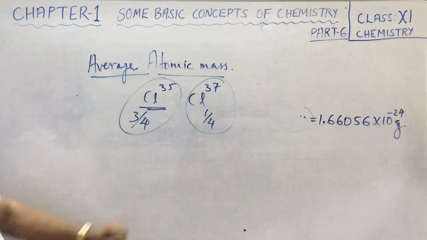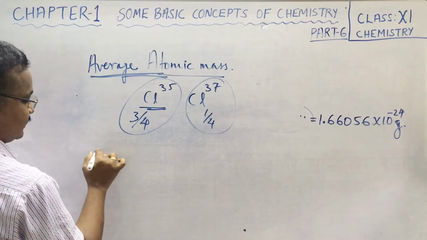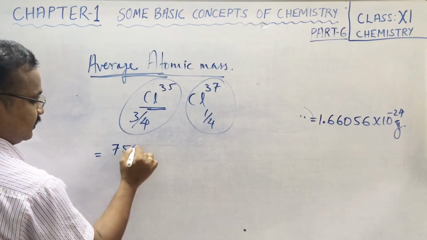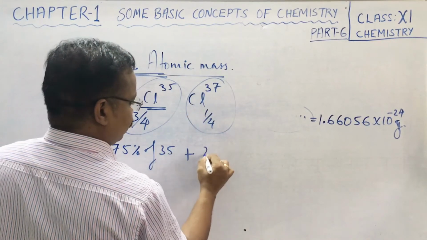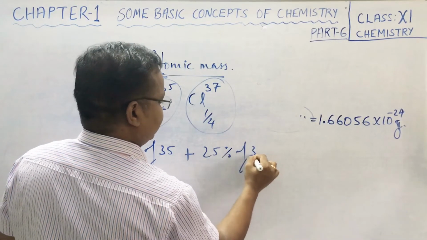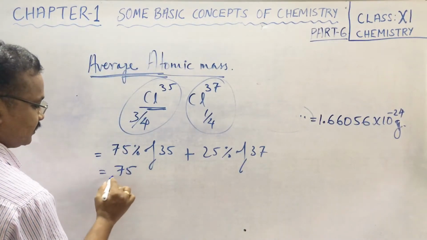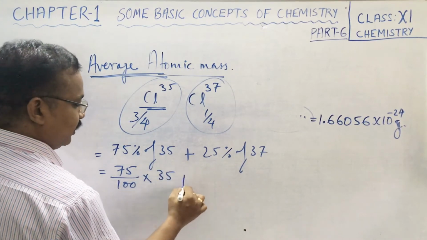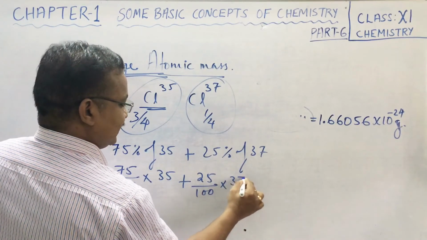So we can find the average atomic mass. 3/4 means 75%, so 75% of 35 plus 25% of 37, since 1/4 means 25%. That is 75 divided by 100 into 35 plus 25 divided by 100 into 37.